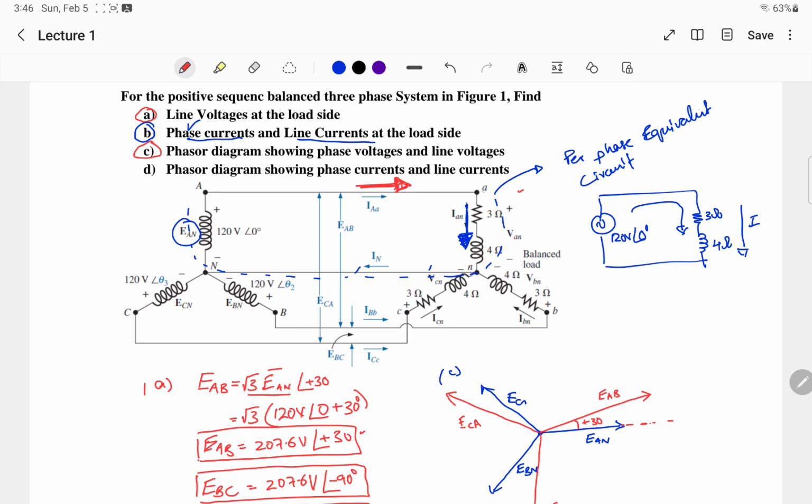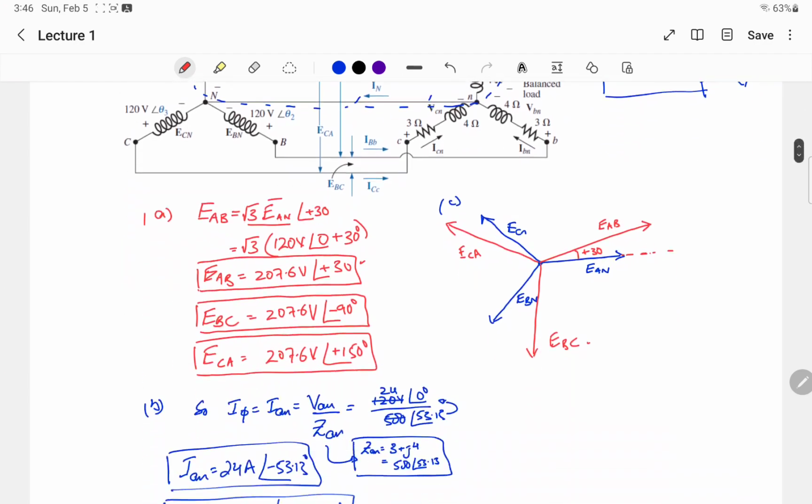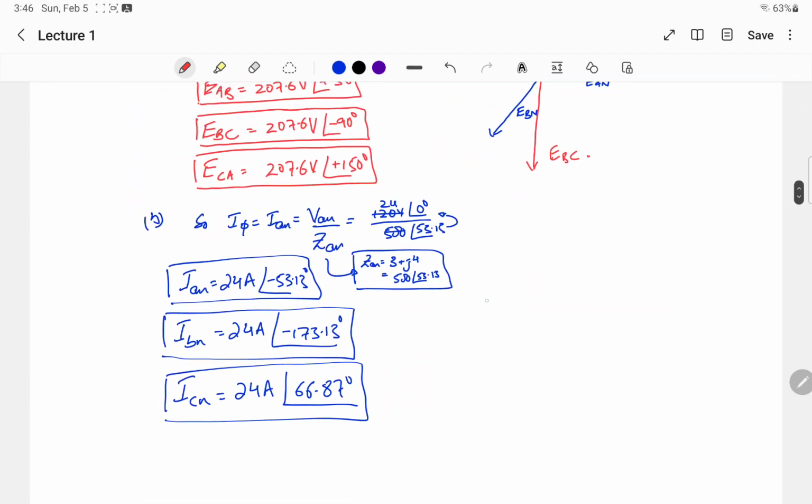Do you see this line current dividing anywhere else? No, it is directly coming into the phase. So in this case, I line equals I phase. So IA equals IAN.